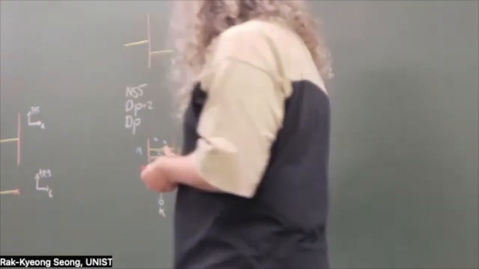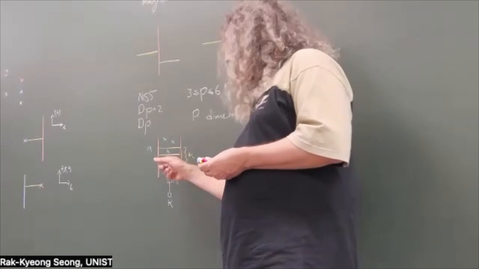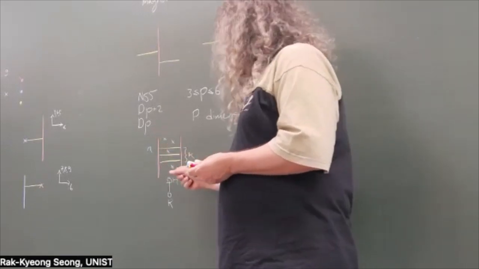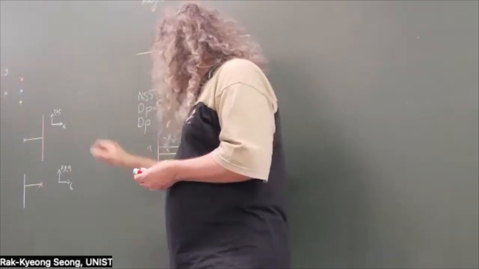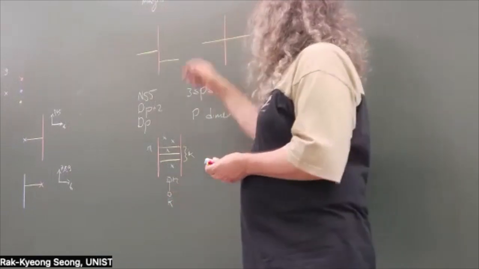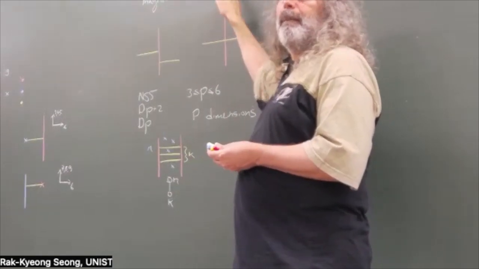I could also draw the same picture and replace red by blue, blue by red. It will be a different projection. The quiver will be the same. I will just call it electric or magnetic. You can draw it.